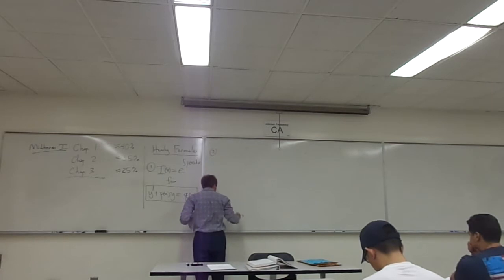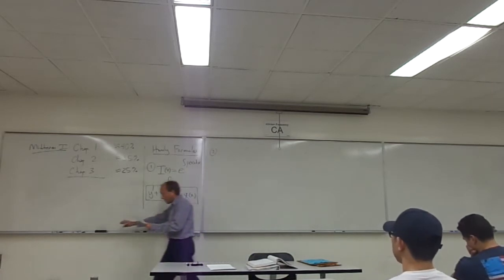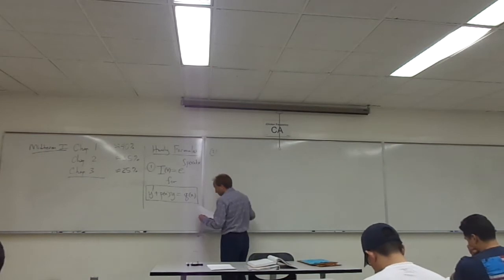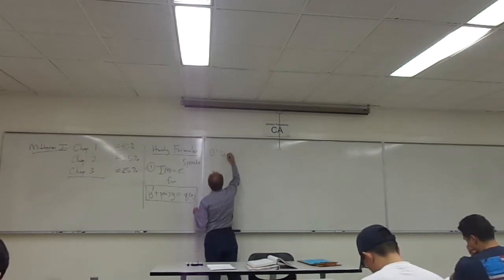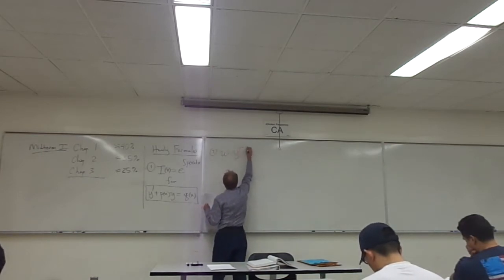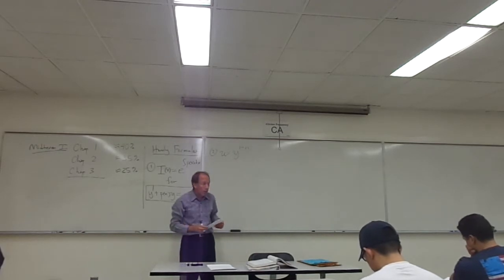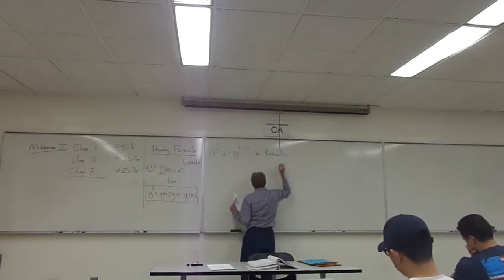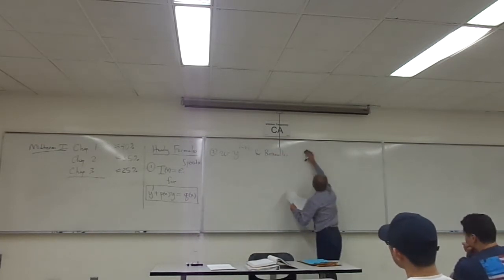A second example would be the change of variables that you have to use. So u is equal to y to the 1 minus n. This is for Bernoulli equations. Let me just remind you of the Bernoulli equation as well.